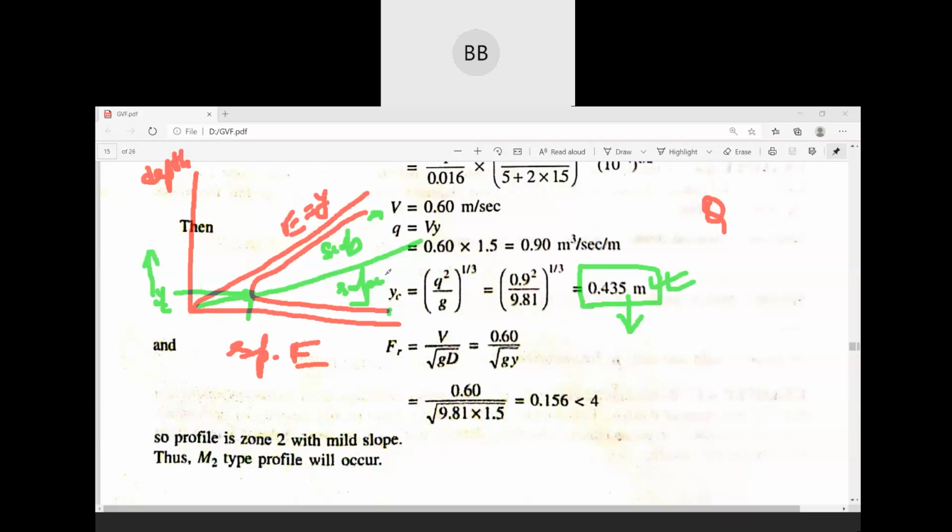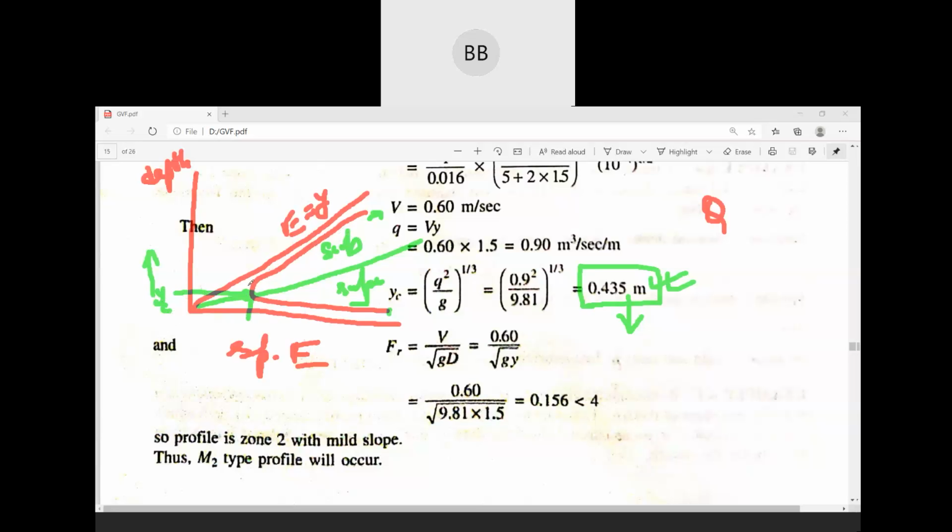In supercritical, your depth of flow is always less than YC, because the supercritical portion is below the critical depth. Whatever depth you find in supercritical is always less than the YC value, and vice versa, for subcritical it is always more than the YC value.